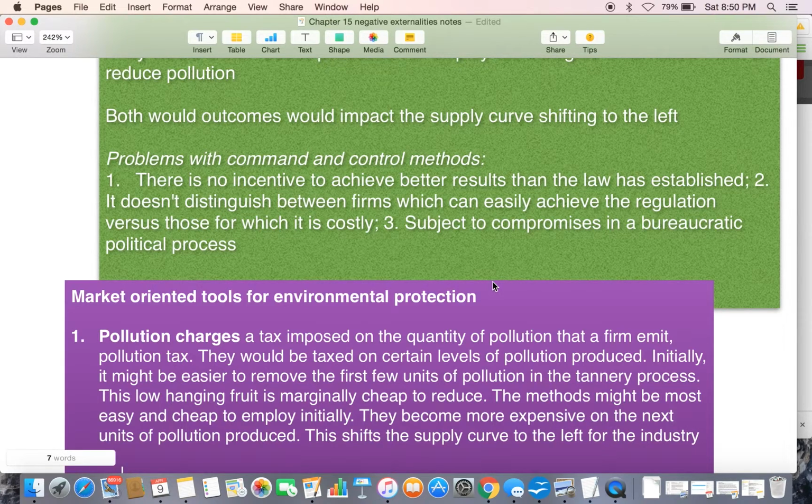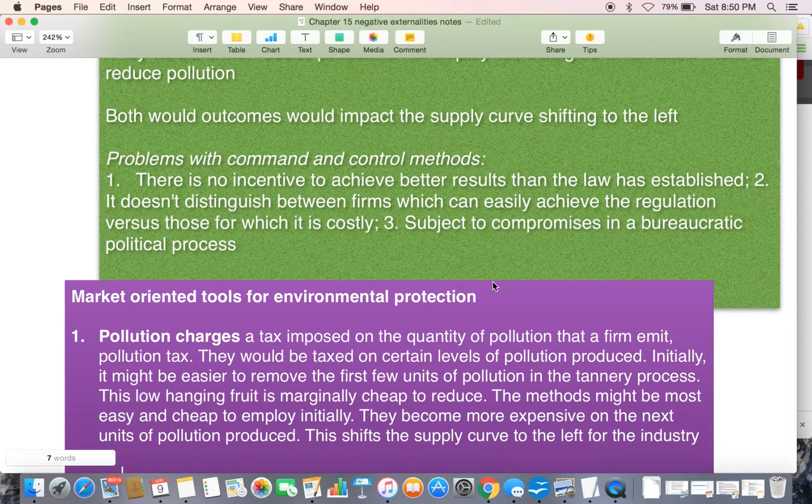So if the law says we need to reduce pollution in half, or we're only going to allow for half of the currently occurring pollution to be in existence, then that's good, but it might not be reducing pollution all the way, and essentially that social supply would therefore not actually be the efficient supply, because it wouldn't be actually removing all of the pollution. And if all of the pollution isn't removed, and there still are some negative externalities present, so there is some pollution, then there still would be a market failure.